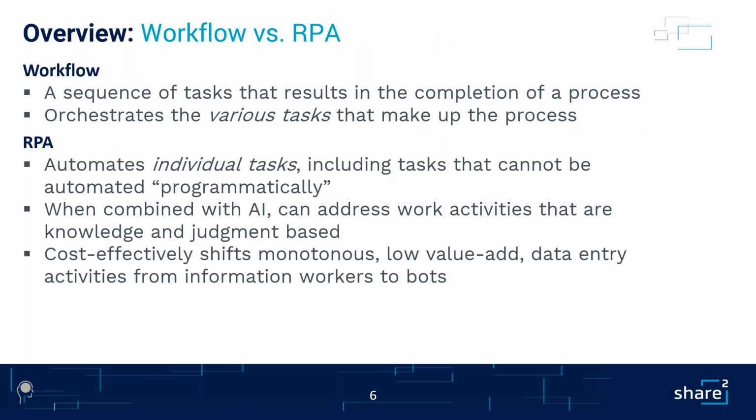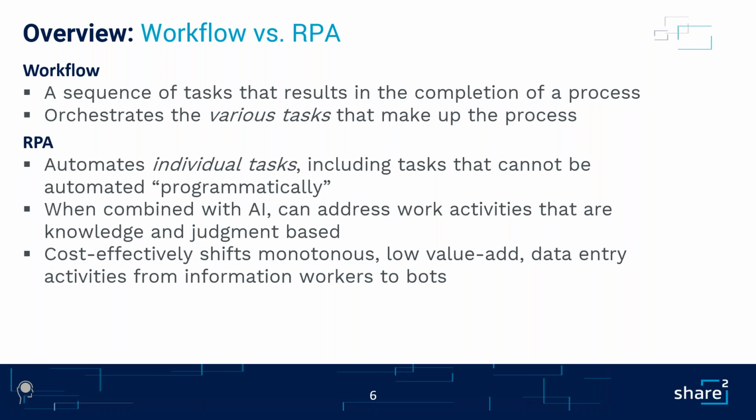So I wanted to start off by distinguishing the difference between workflow and RPA. And workflow, as it says here, is a sequence of tasks that result in the completion of a process. And just sort of an abstract way of saying that there's some piece of work that has to get done, and there's a whole bunch of tasks, and those have to be orchestrated across the various tasks that make up that process.